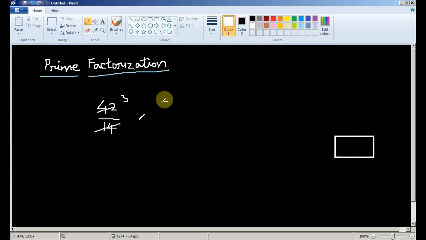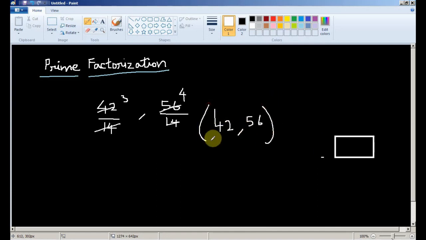And now 56 divided by 14, 4 times 14 is 56. So there is no other number that can divide 42 and 56 except 14. That is why the GCD of 42 and 56 is 14.